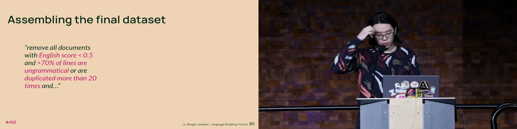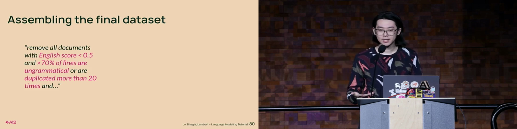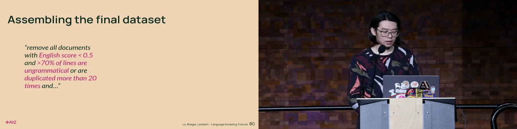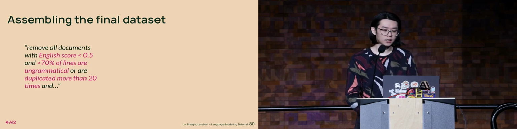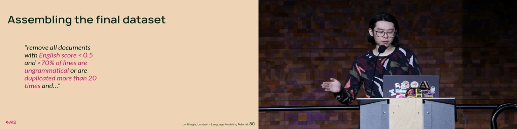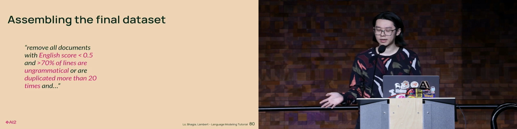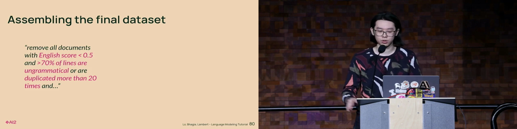So once you have all of these tagged outputs of start, end, and then some sort of score, when you assemble your data set, you articulate some sort of logic. You basically say, I want all the documents, but I need this requirement on how English it is, and this requirement on how many documents pass some duplication threshold or some quality threshold or whatever.